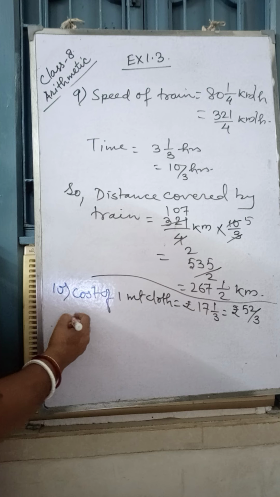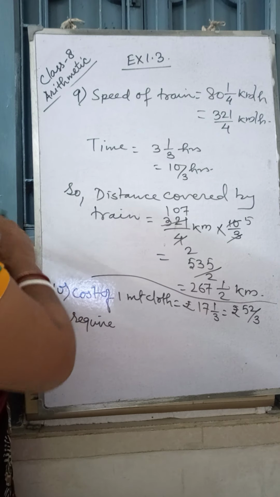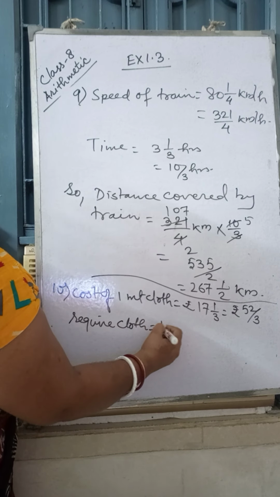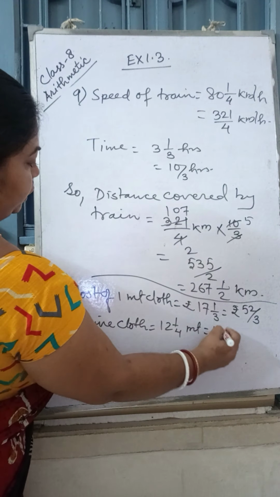Required cloth is 12 whole 1 by 4 meter, that is 49 by 4 meter.